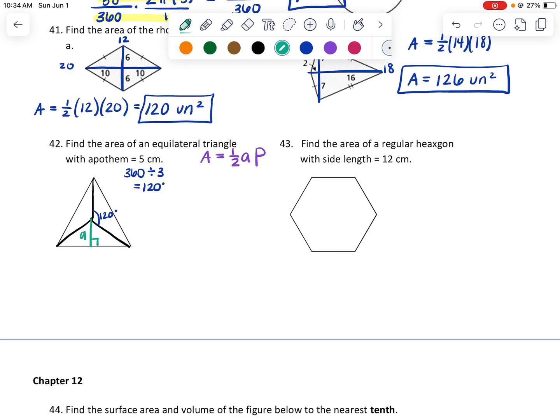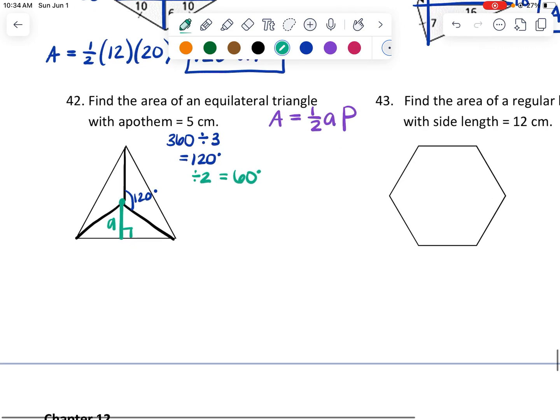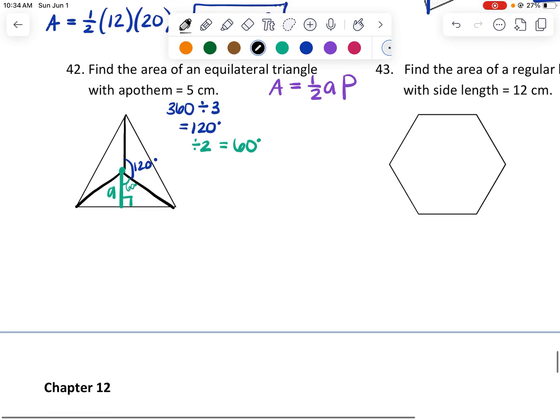But we need to cut it in half because that creates my apothem. Remember, the apothem is from the center to half of a side. And so I'm going to divide that by 2, and I get that the inside angle right here is 60 degrees.